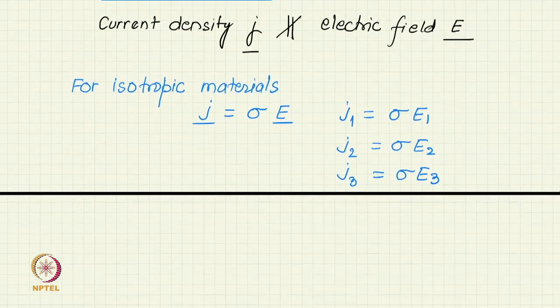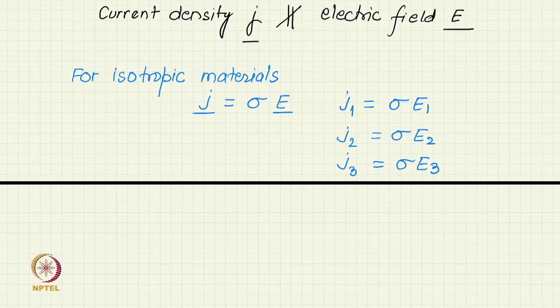But in an anisotropic case, we have seen that now, since J will not be proportional to E, these relationships will not be true.